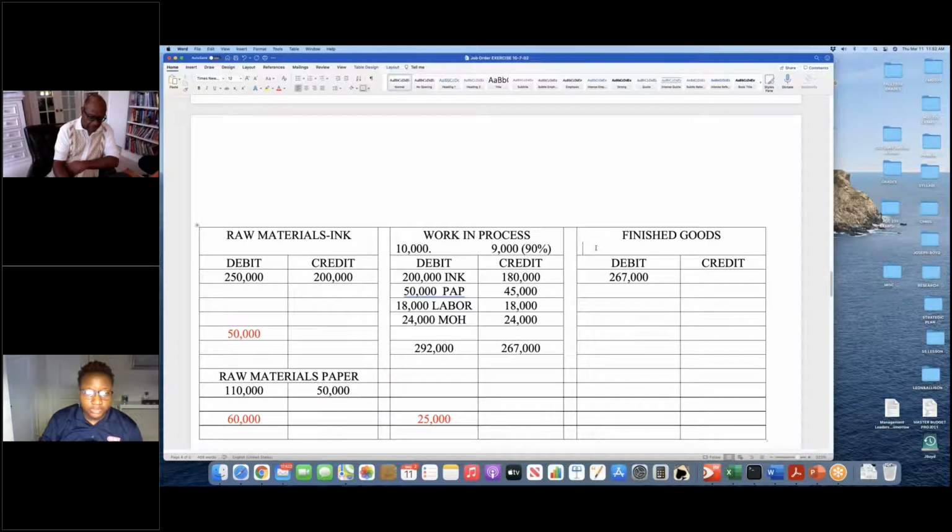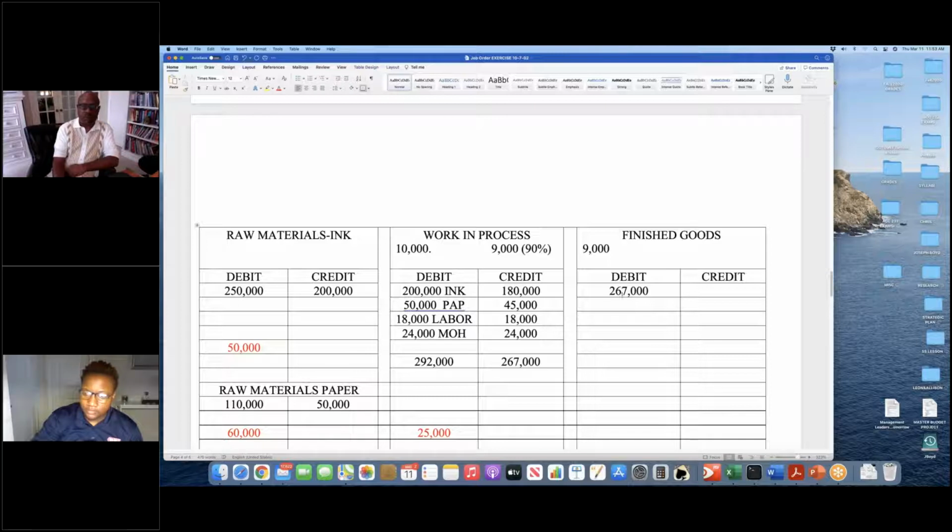Oh, you're talking about how many units? 9,000. The 9,000 cost us what? 267,000. So if 9,000 things cost 267,000, how much did each one cost?